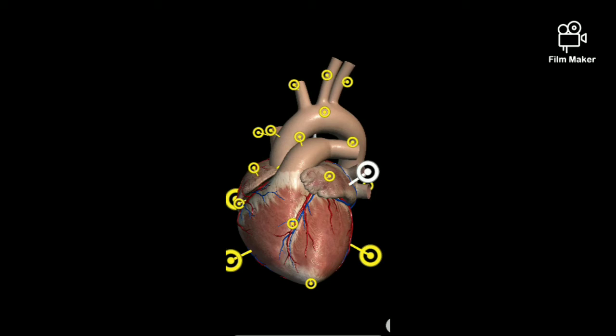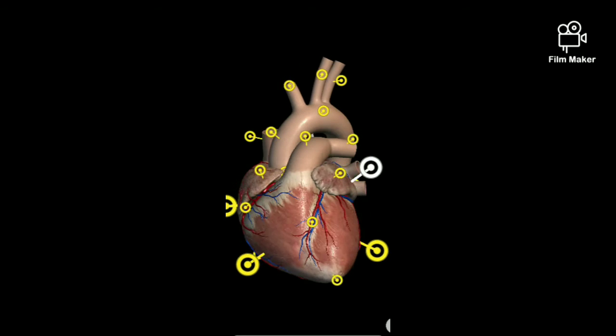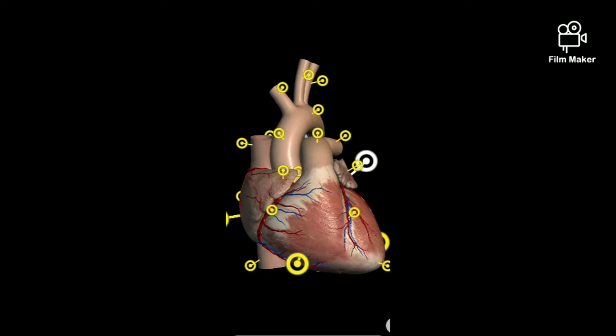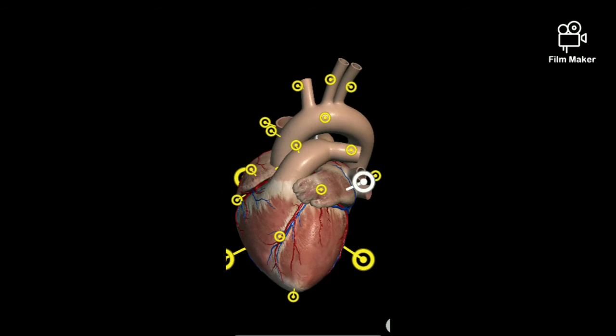The left atrium receives oxygenated blood from the four pulmonary veins and pumps it through the left atrioventricular orifice, which is guarded by the mitral valve or bicuspid valve, into the left ventricle. The anatomical position of the left atrium is the posterior border of the heart.